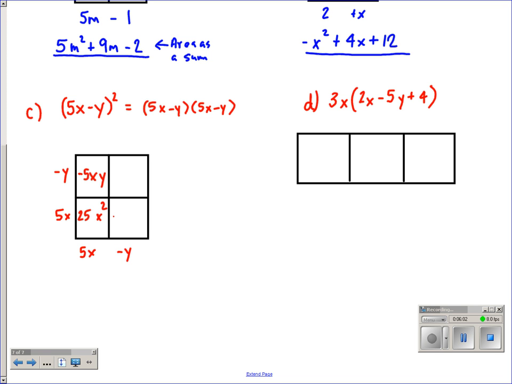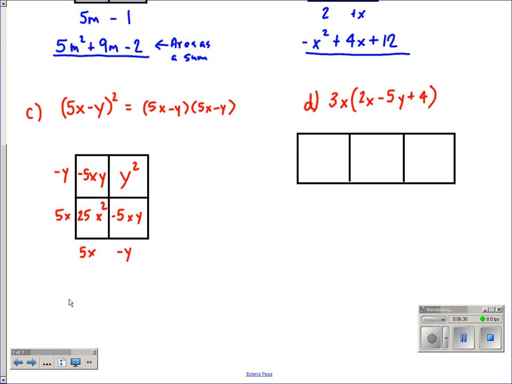And you'll see here we will end up with the same exact thing, negative 5xy. And our remaining portion of our generic rectangle is negative y by negative y. Well, a negative times a negative is obviously going to give us a positive, and y times y is going to give us y squared. So we end up with positive y squared.